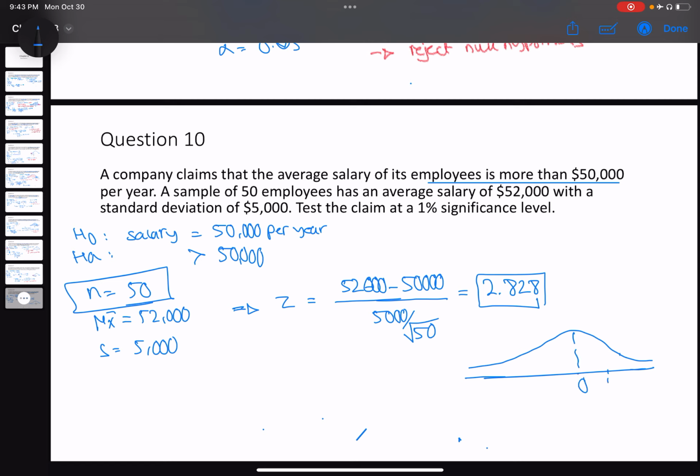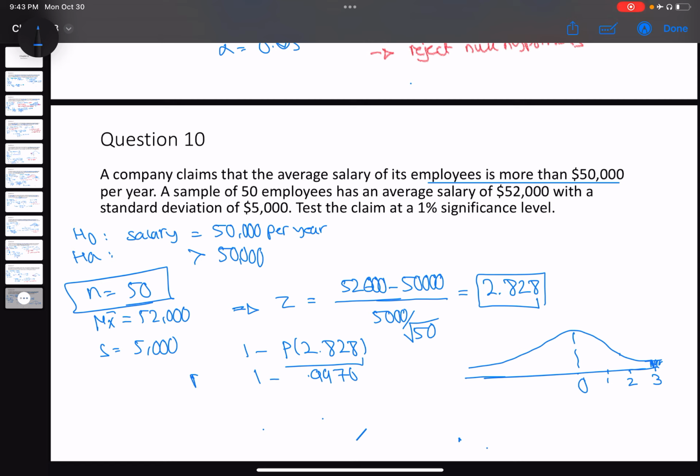Sigma equals 3, it would be over 99%. So we need to calculate 1 minus P at 2.828, which is 0.9976.